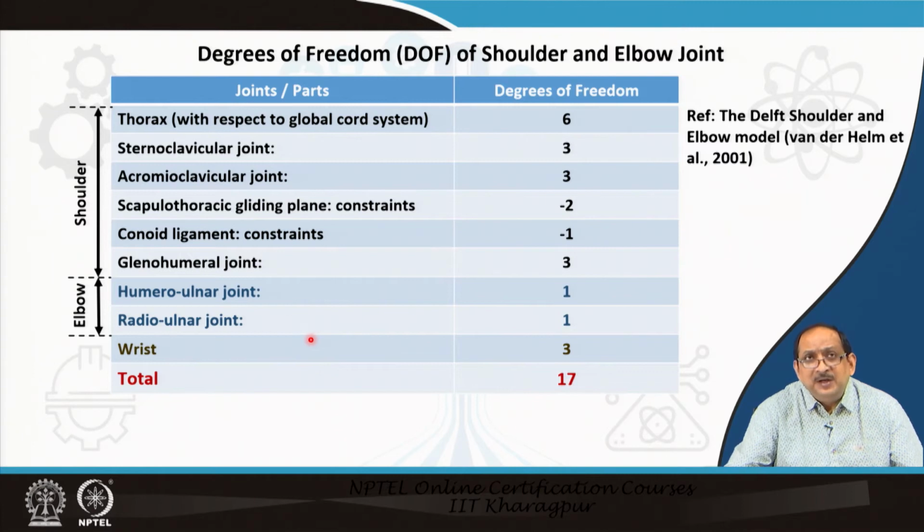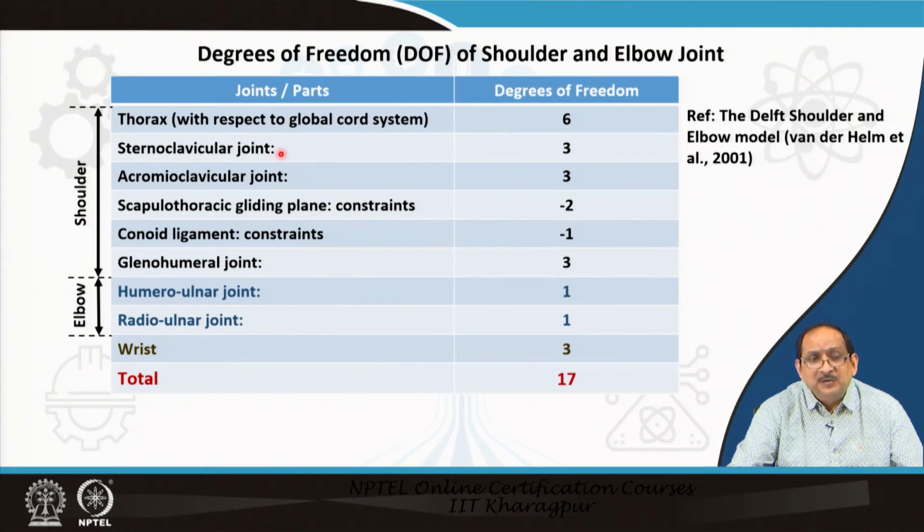So, the degrees of freedom of the thorax with respect to the global coordinate system or rigid frame is in total 6, that consists of 3 rotations and 3 translations.